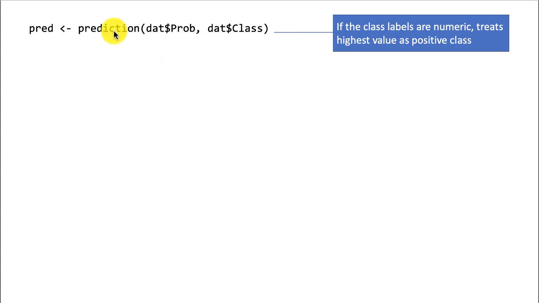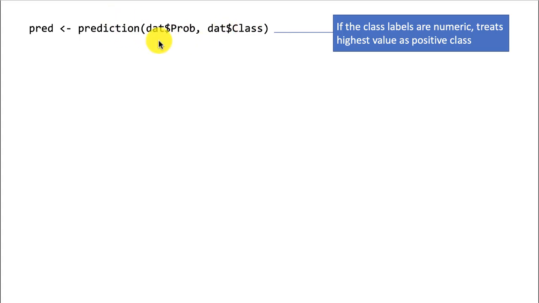We take the probability column from the data set and the column that contains the actual values. The first argument to the prediction function is the column that contains the probabilities. The second argument is the column that contains the actual classification within the data frame.